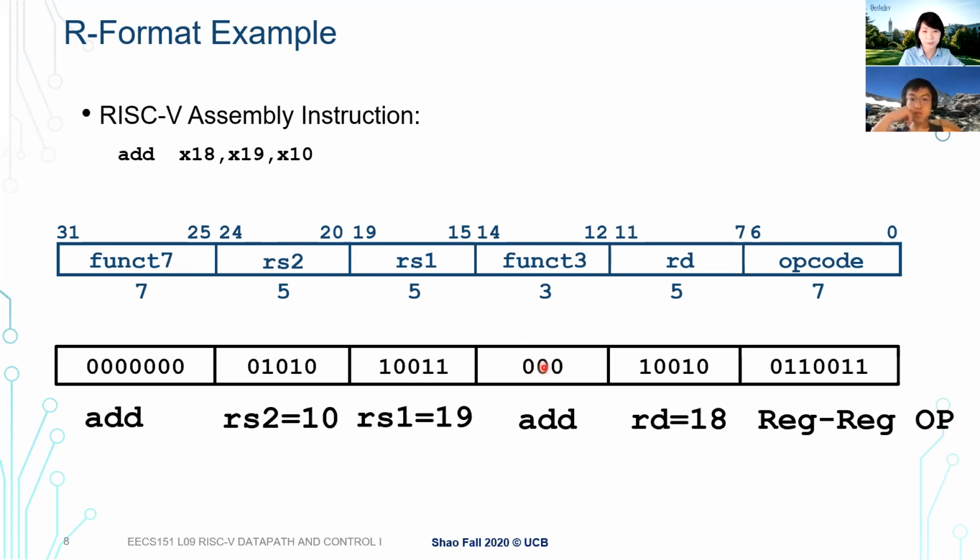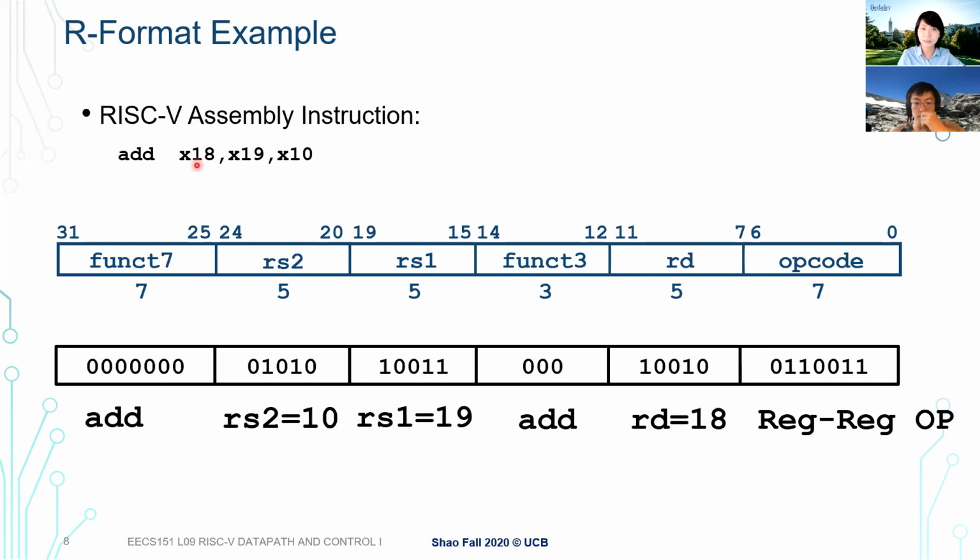So we have 3 bits of 0 here and all 7 bits of 0 here. We'll see in a minute how we can use the combination of the 2 different func fields to encode other R-type instructions. And we mentioned earlier, we need to access 3 registers, 2 for read and 1 for write. So the first one is the destination register.